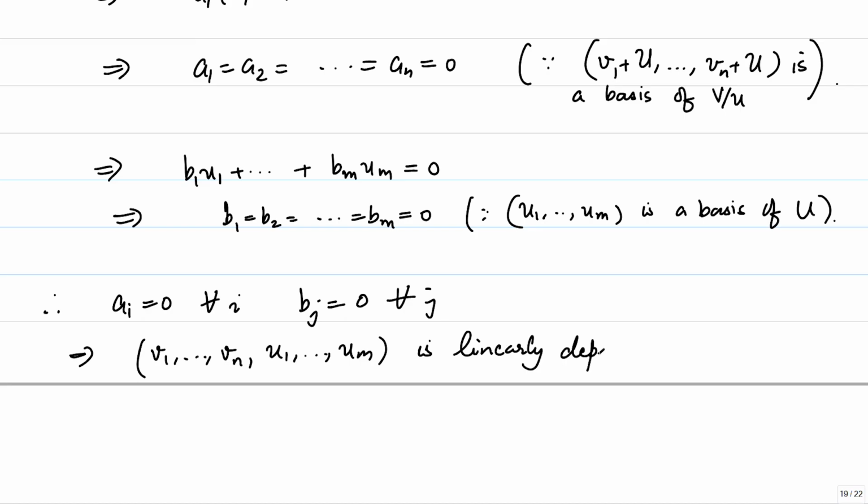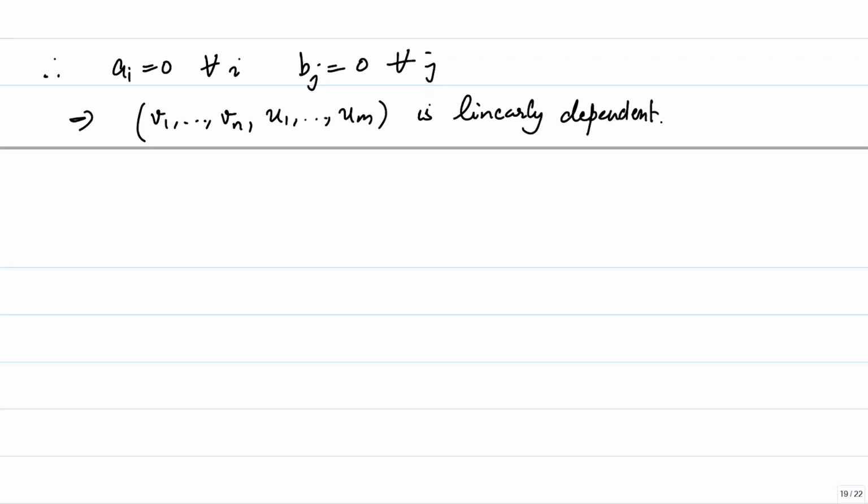Now, a linearly independent set of size n plus m in a vector space of dimension n plus m should necessarily be a spanning set as well. This implies that V1 to Vn and U1 to Um together is a basis of V. And that is precisely what we had set out to prove.